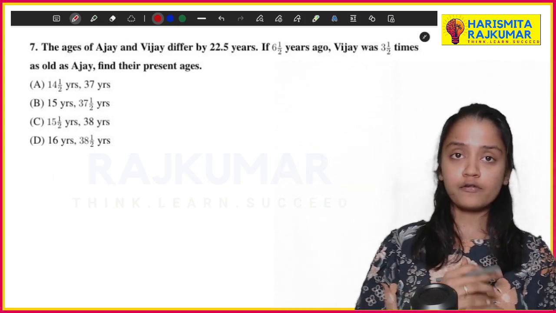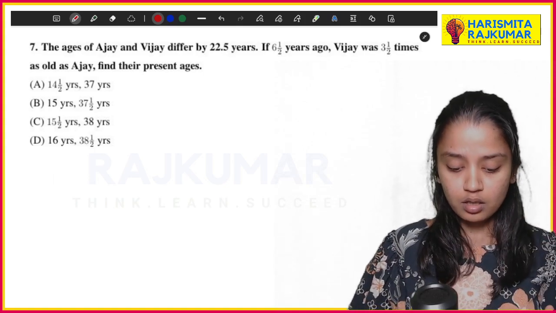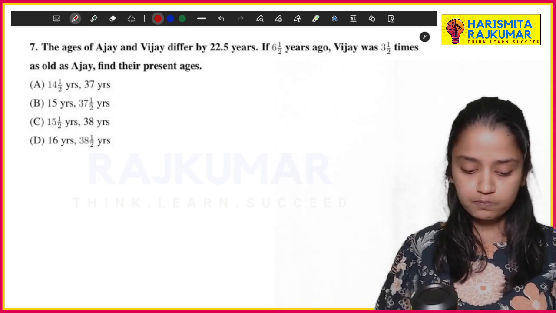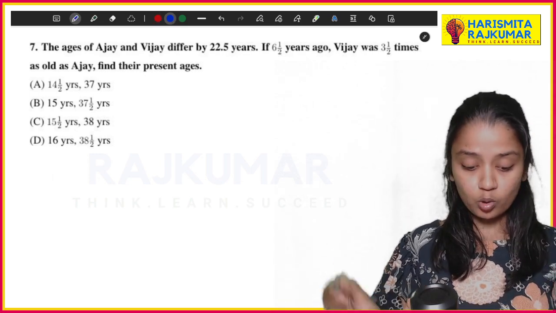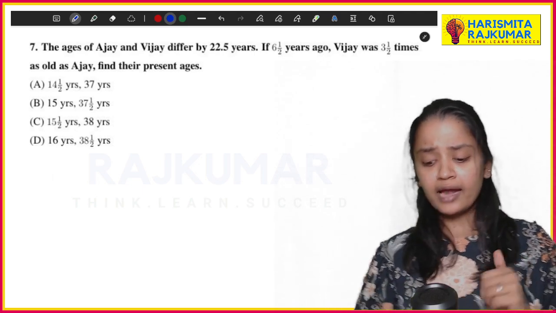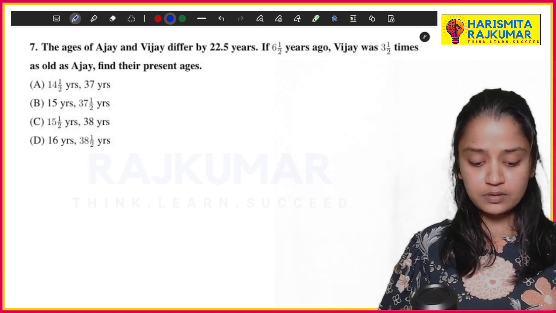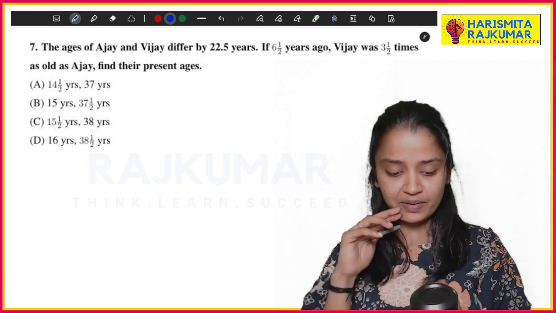The ages of Ajay and Vijay differ by 22.5. Let me read the question first: if 6.5 years ago Vijay was 3.5 times as old as Ajay, what is his present age?